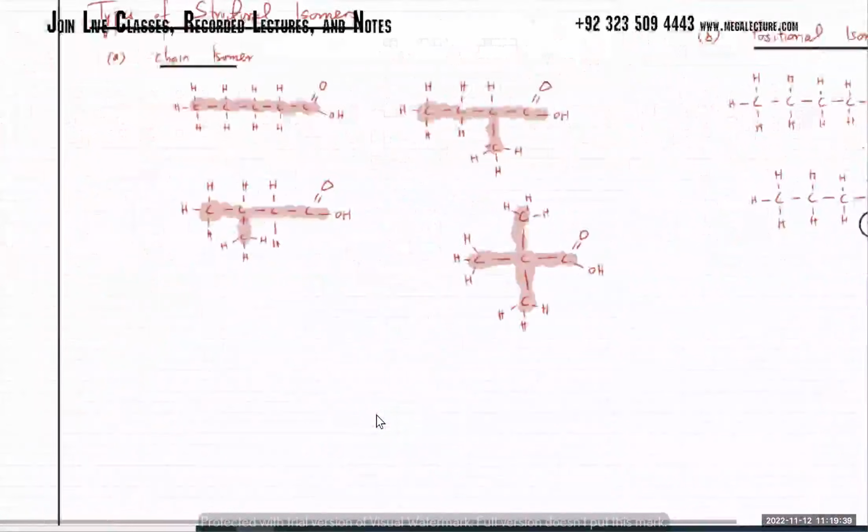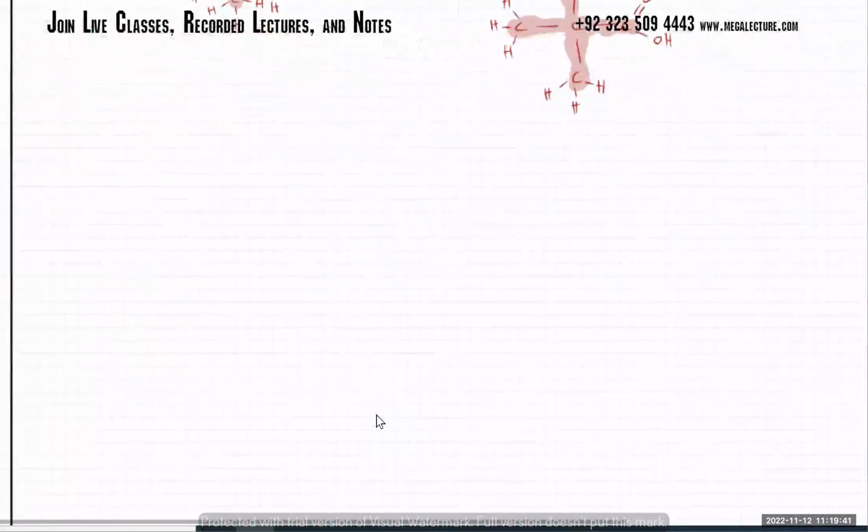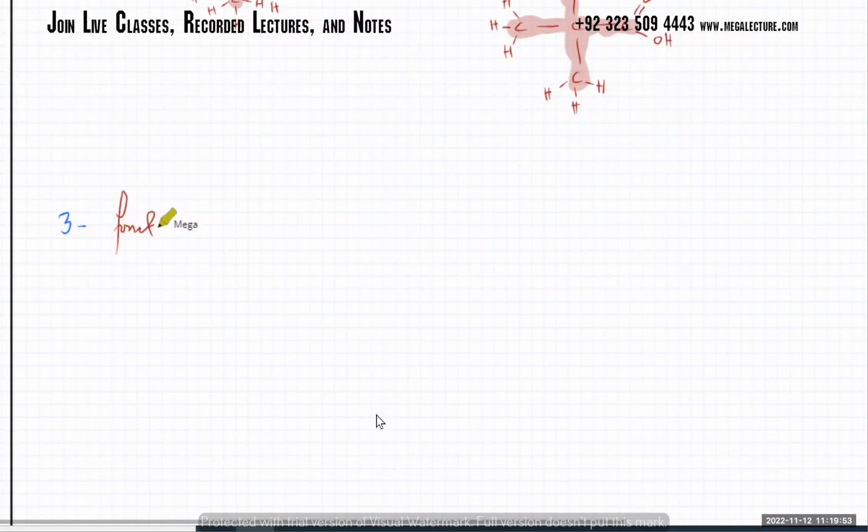So then there's a third type. The third type is a functional group isomer. That's our functional group. So that's a functional group isomer.